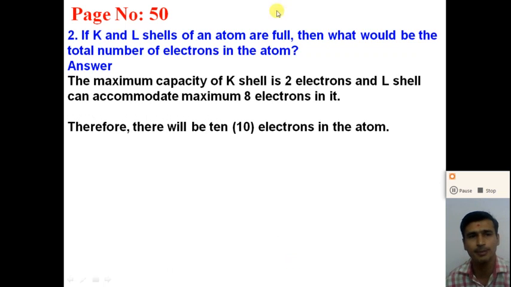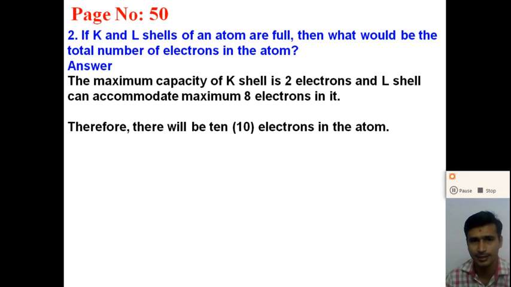The second question on page number 50 is: if the K and L shells of an atom are full, then what will be the total number of electrons in the atom? The maximum capacity of the K shell is 2 and the maximum capacity of the L shell, the second orbit, is 8.